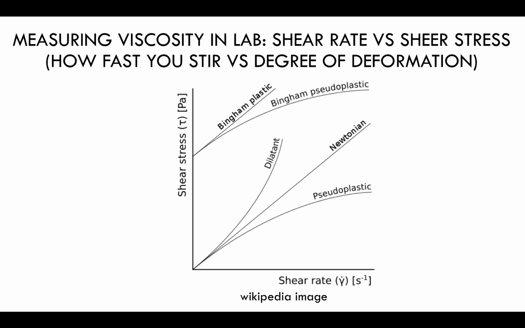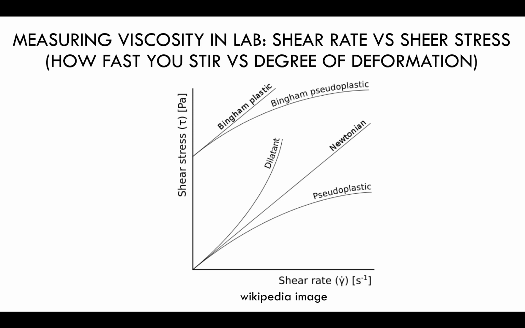The Bingham plastics, those actually have what we call a yield stress. So at first they don't move at all, and then once they get moving, Bingham plastics can act more or less like Newtonian fluids. They will increase in shear stress as we increase shear rate in a linear fashion.